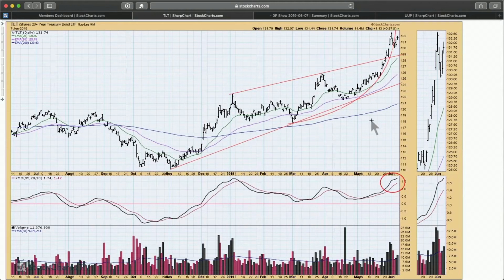And so right now the PMO looks strong, and that parabolic is broken at this point, but I may have to adjust that if it continues to make new highs. Let's look at the weekly.